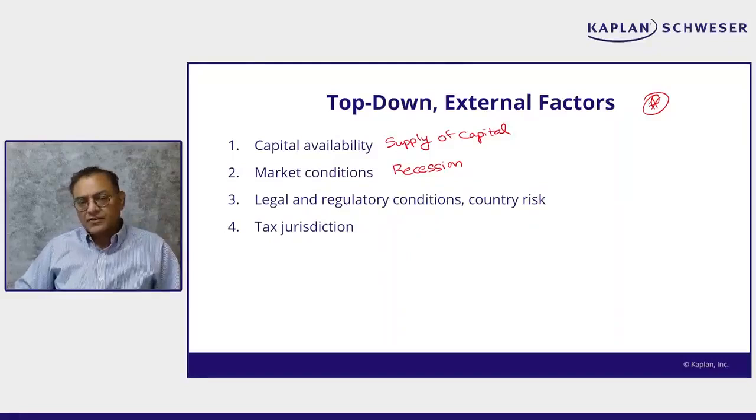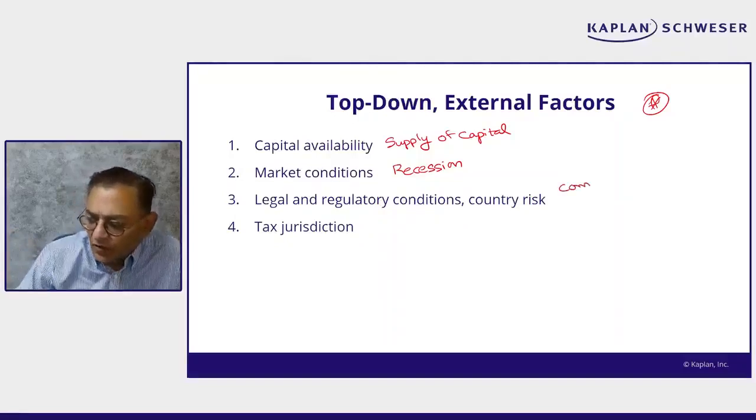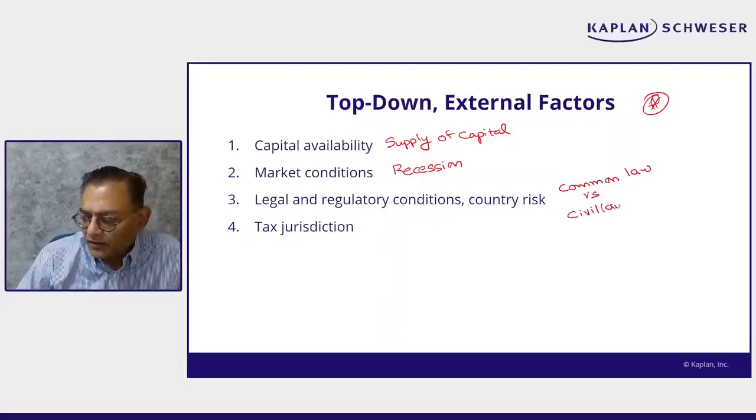The third factor is legal and regulatory condition. Those countries which provide a high level of protection for investors, so you are looking at common law countries as compared to civil law countries.